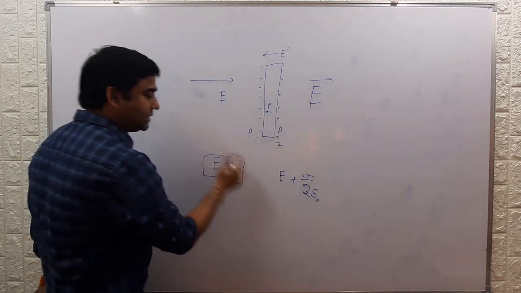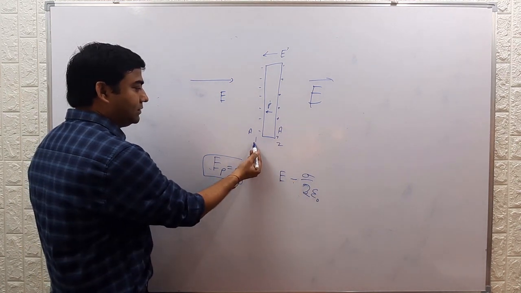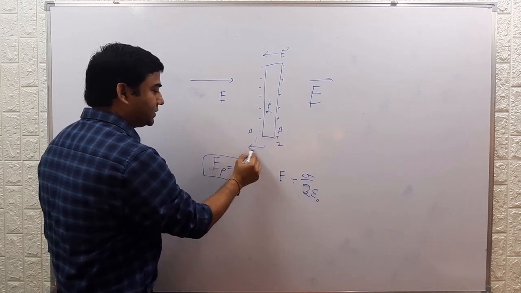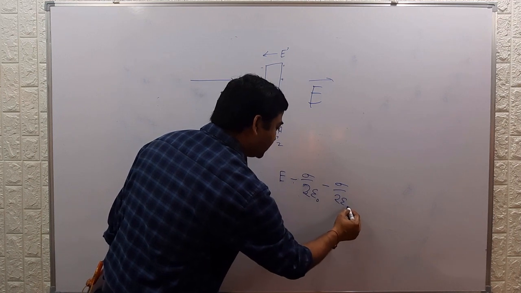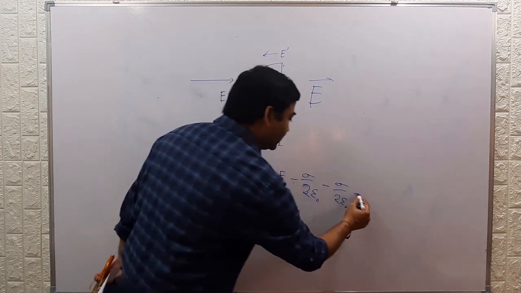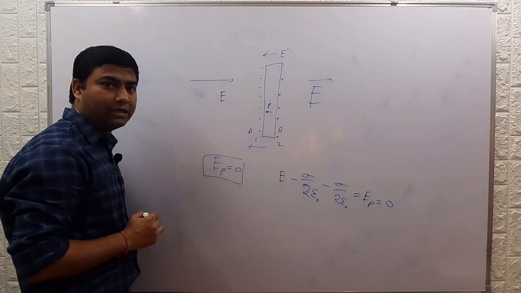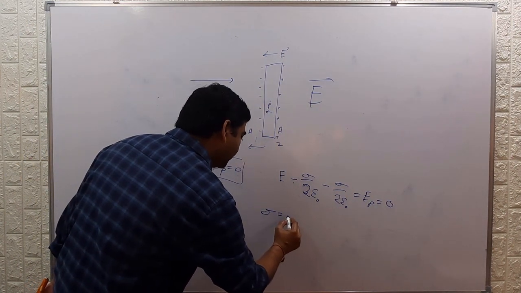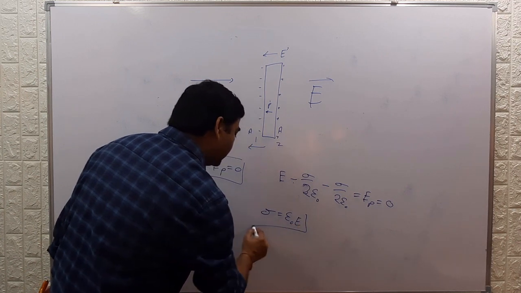As it is in reverse direction, hence it is minus. Similarly, surface 1 will also create electric field at point P in the same reverse direction, so this will also be negative, sigma by 2 epsilon 0, and the total electric field EP is equal to 0 because the point is inside the conductor. So we can say sigma is equal to epsilon 0 into E.